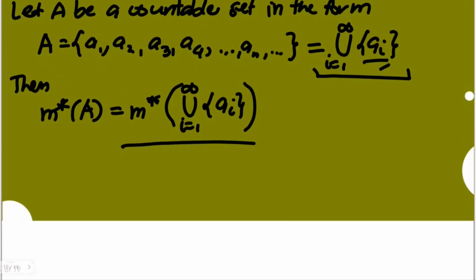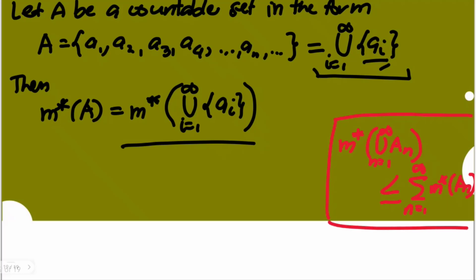This is one of the propositions in the Lebesgue's outer measure. We have the Lebesgue's outer measure of, let's say, the union of A sub n, where n starts from 1 to infinity, is less than or equal to the summation of the Lebesgue's outer measure of your A sub n's, where n starts from 1 to infinity.